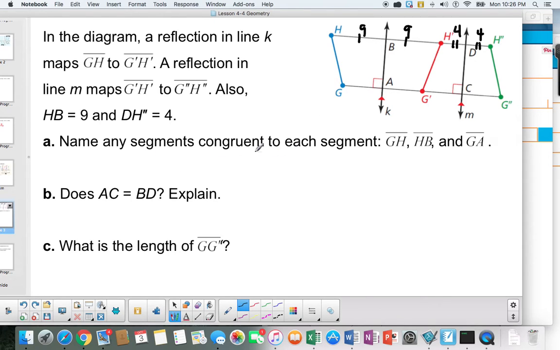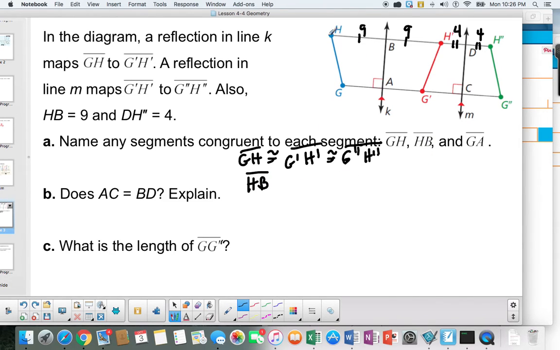Name any segments congruent to each segment. So we can say GH is congruent to all these other segments, G prime H prime, and G double prime H double prime. So all of these are congruent. Now what about HB?